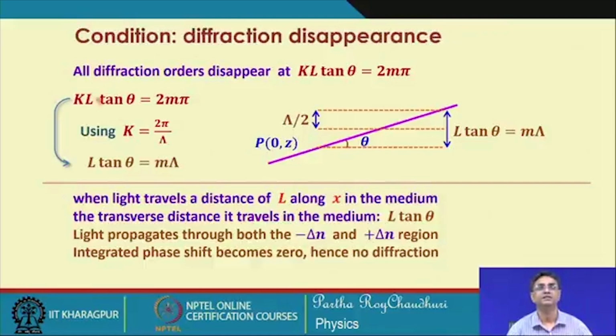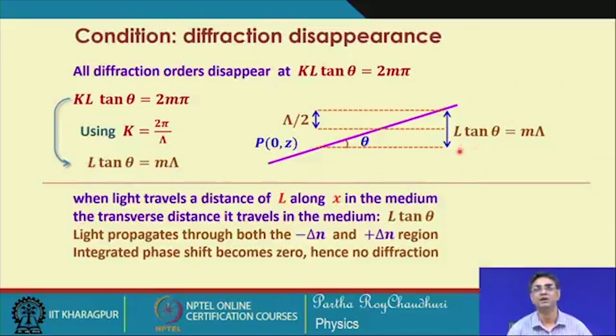To understand physically, we note that this k L tan theta equal to 0, that is L tan theta equal to m into lambda, k equal to twice pi by lambda. So, lambda goes to this side and it simply gives you L tan theta equal to lambda, and this will clear the understanding when it has travelled through a length L.